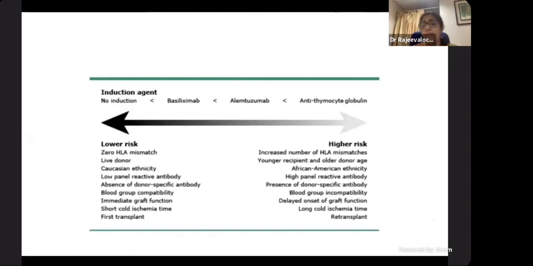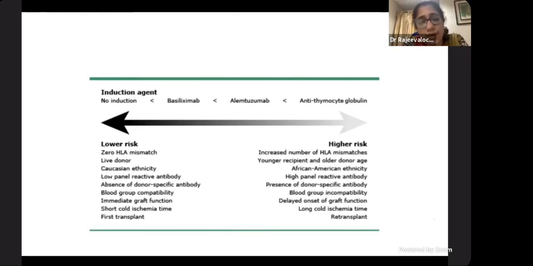So basically, when don't we use an induction agent at all? When there is a white double haplotype matched twin transplant, which is fairly rare, which was one of the first transplants done, then there is no need for an induction agent when there is 0 HLA mismatch.